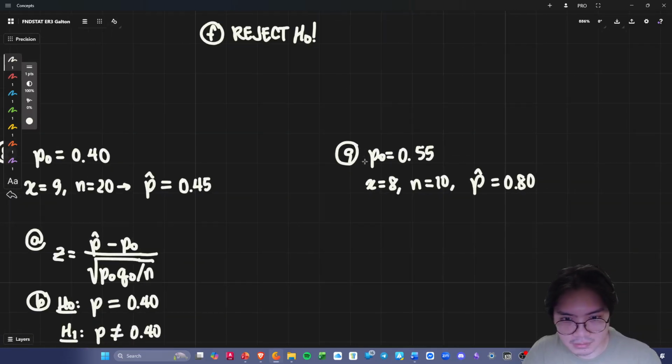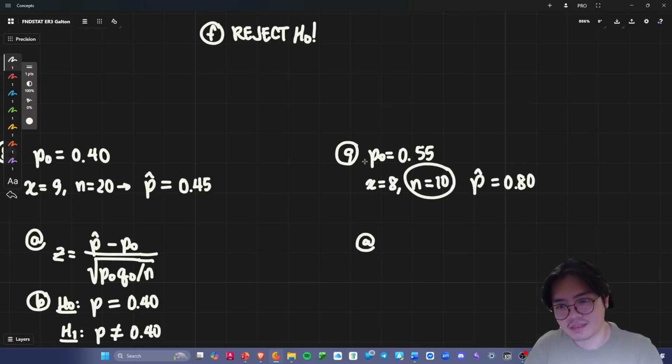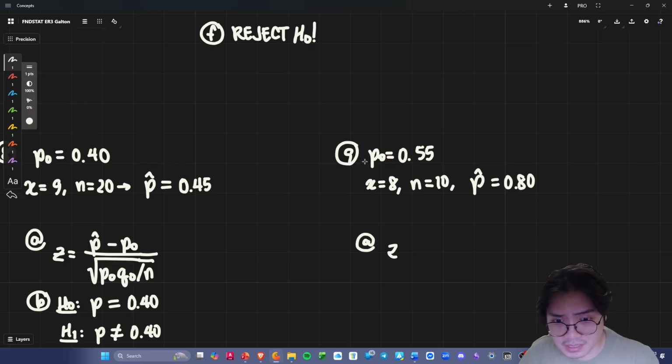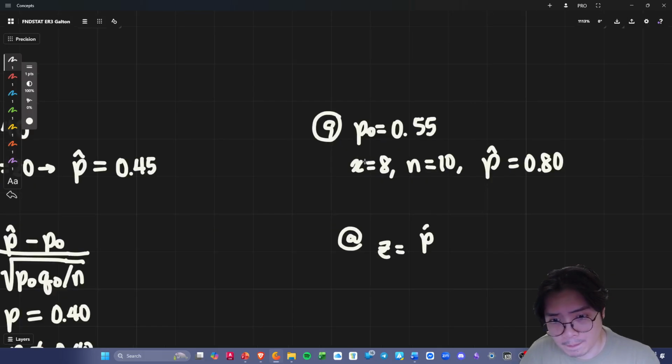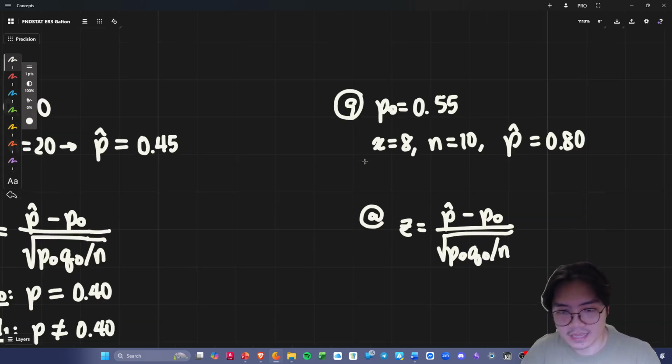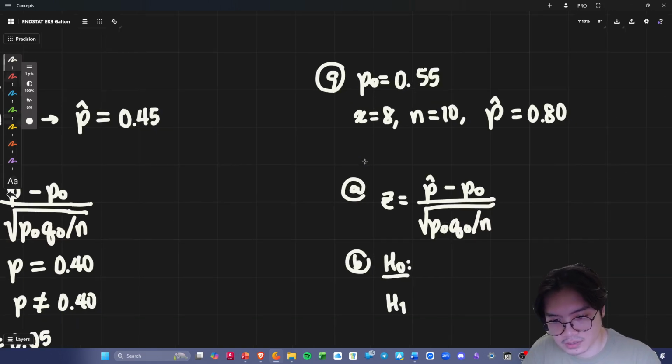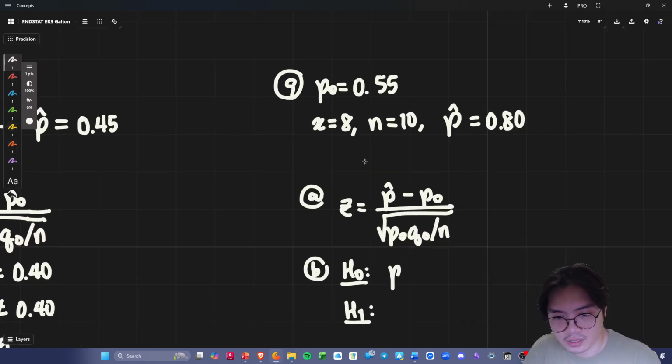We'll temper this because the n here, the sample size, is quite small. But still, this is proportions we're talking about. So p hat minus p0 over the square root of pq divided by n. Under B, we will have our null hypothesis, which is just p equal to 0.55.